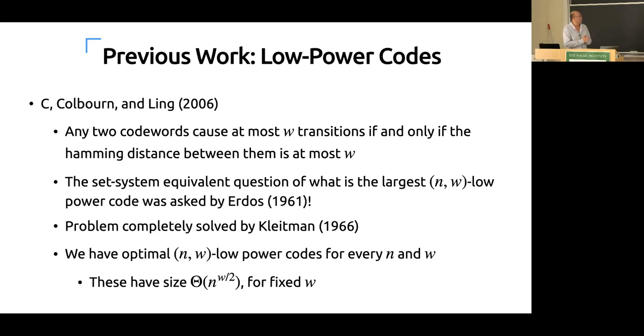But what's interesting is that this question was asked by Erdős back in 1961 in its set system equivalent, and that problem was completely solved by Kleitman in '66. So with this observation, we have optimal n-W low power codes for every n and W, not just when W is n over 2. And these codes have size Θ of n to the W over 2 for fixed W.